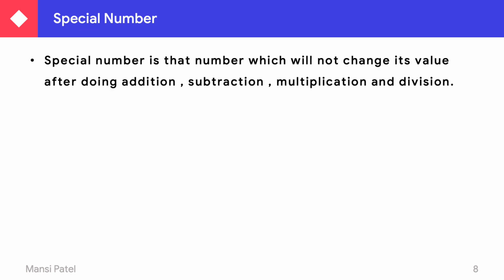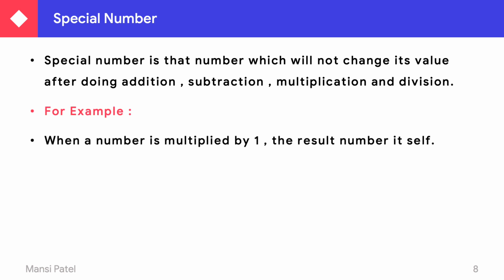A special number is that number which will not change its value after doing addition, subtraction, multiplication or division. Let us see how with one example. When a number is multiplied by 1, the answer is the number itself.